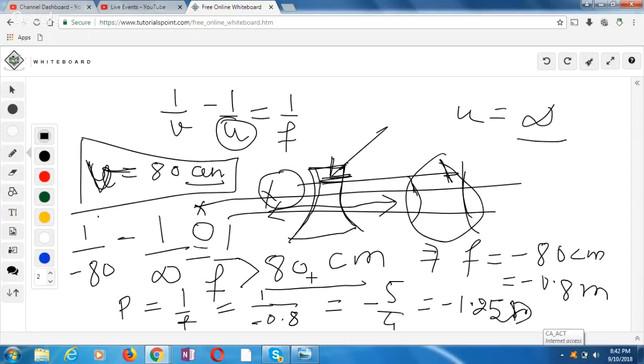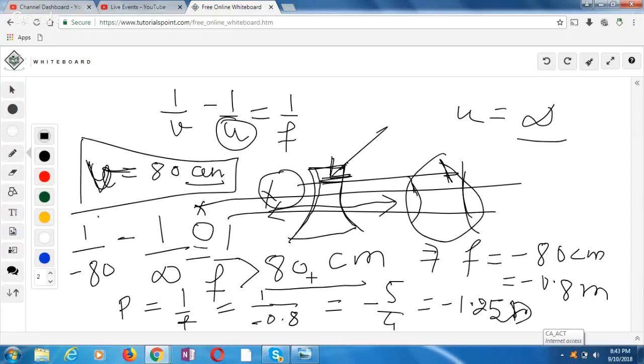It means that he is able to see something nearby, but he is not able to see something at far off distance. As soon as I come to know this, I should know that a concave lens has to be used. The data given about far point is 80 centimeter.